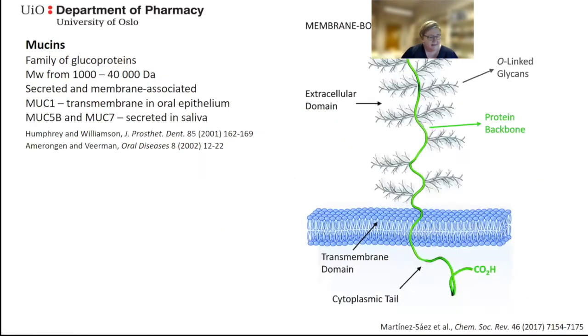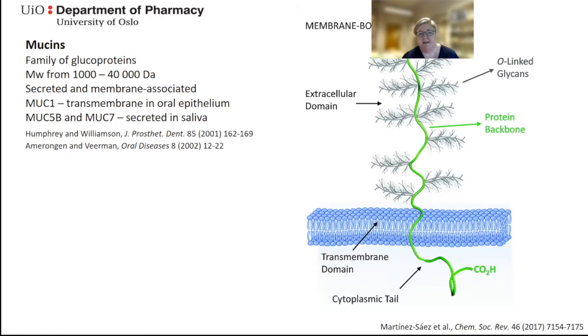So I mentioned that mucins are important substances. Even though they are in a low percentage in the saliva, they have a large impact. And mucins are a family of glycoproteins, and they range in molecular weight from 1,000 up to 40,000. They can either be membrane associated, as the one shown on this picture, or they are secreted.